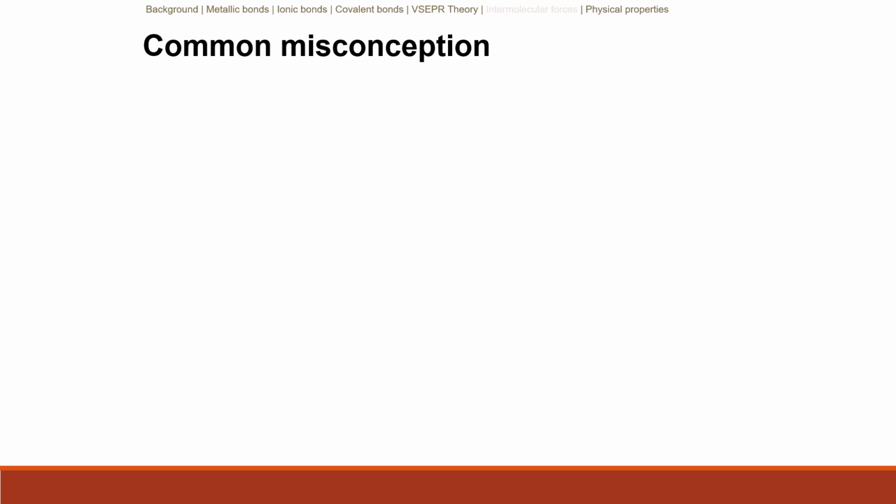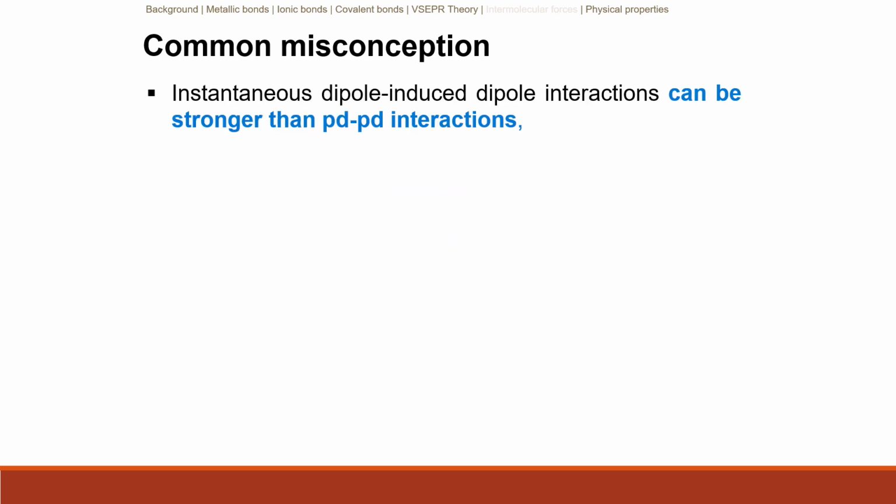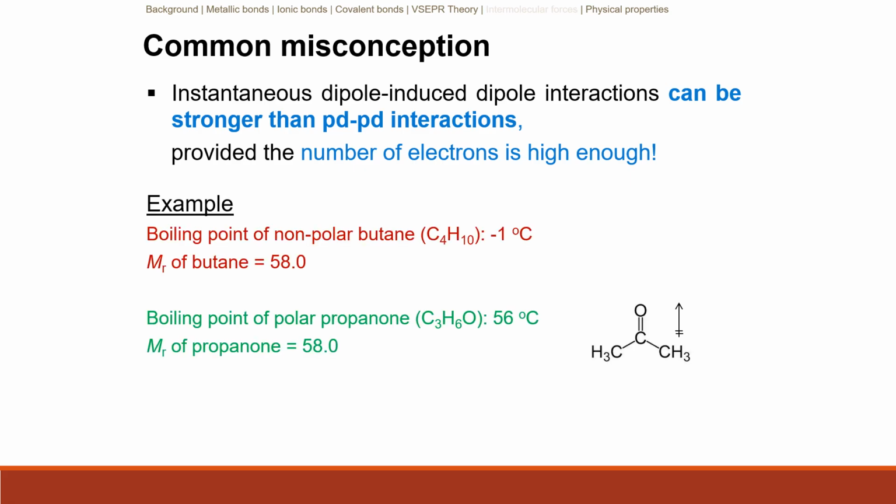We should also be aware that there is a chance that ID-ID interactions can be stronger than PD-PD interactions, provided that the number of electrons is high enough. For example, if we compare butane and propanone, I trust that you know by now that butane is a non-polar molecule because it only consists of C and H atoms. On the other hand, propanone is polar as it has an overall dipole moment caused by the electronegative O atom.